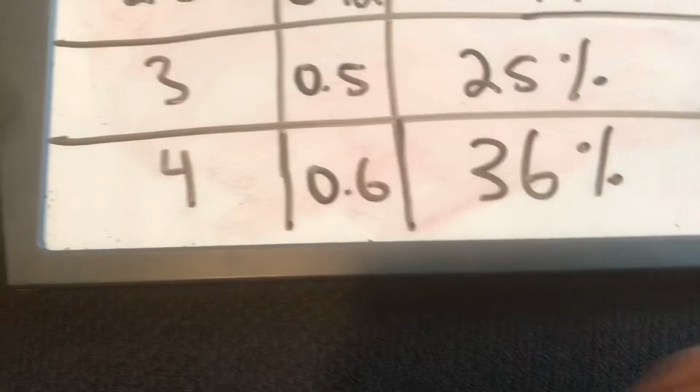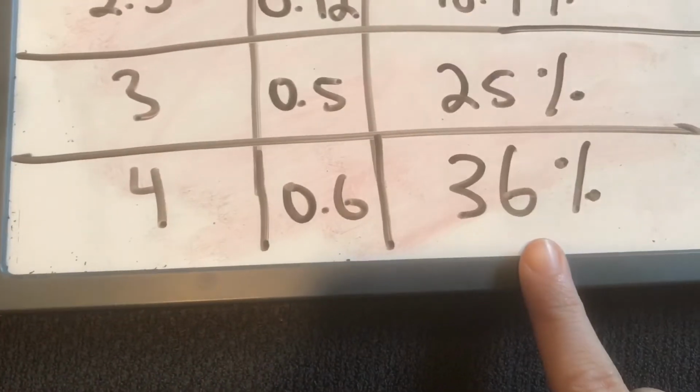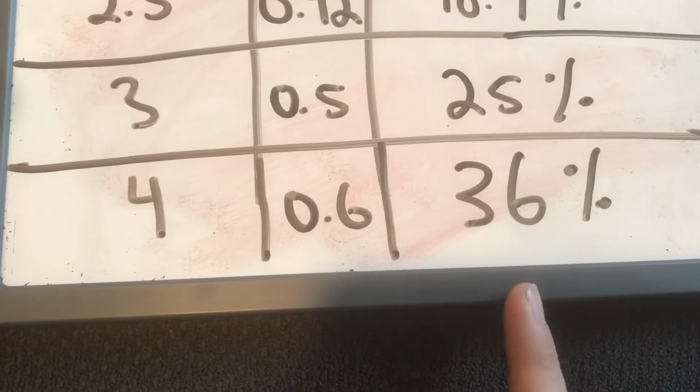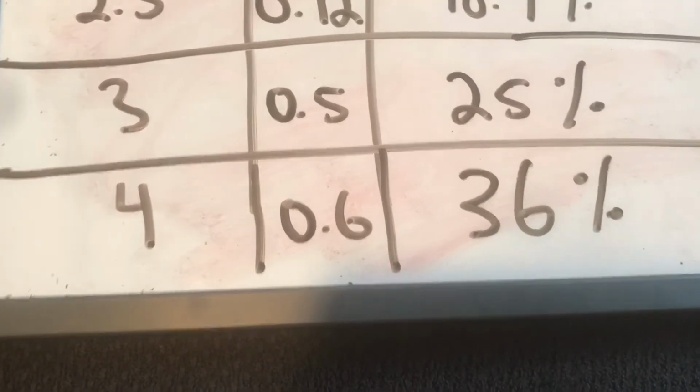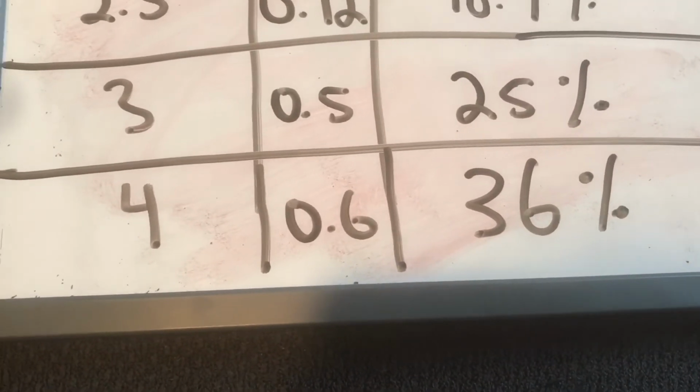So let's look here. If we had a VSWR of 4, this would mean that 36% of the power that we send to the antenna is being transferred back along the transmission line, meaning that only 64% of our power is being received.